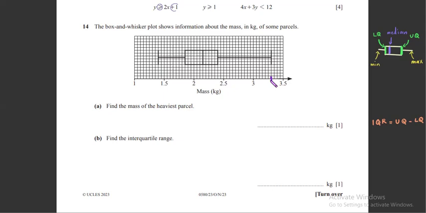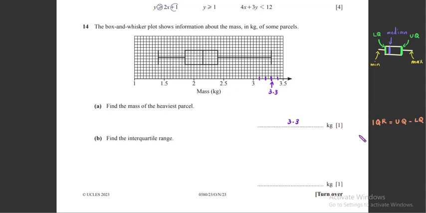According to the box and whisker plot that is given to us, this will be 3.3 because 2 tiny boxes here represent 0.1 unit. So it's going to be 3.1, 3.2, 3.3, 3.4, and 3.5. So this value is 3.3, which means the weight of the heaviest parcel is 3.3 kilograms.